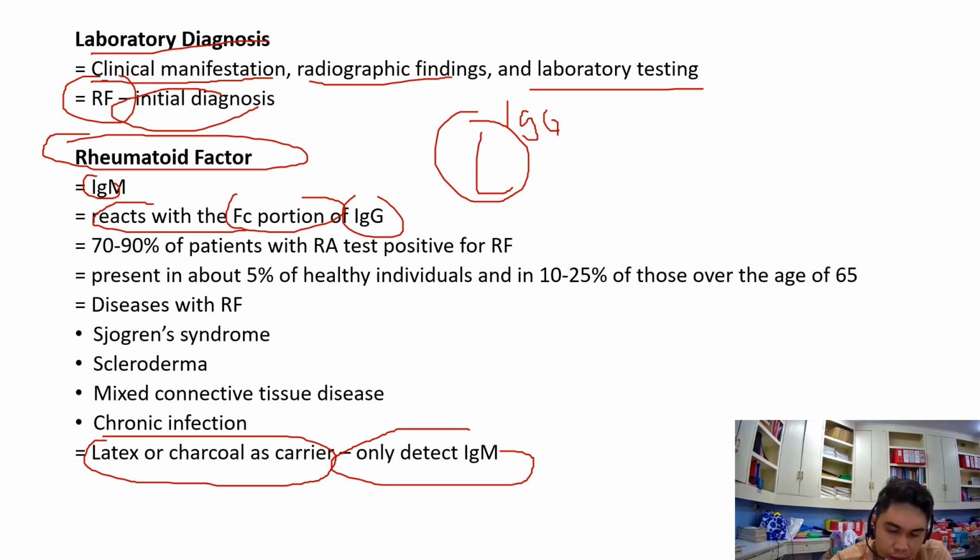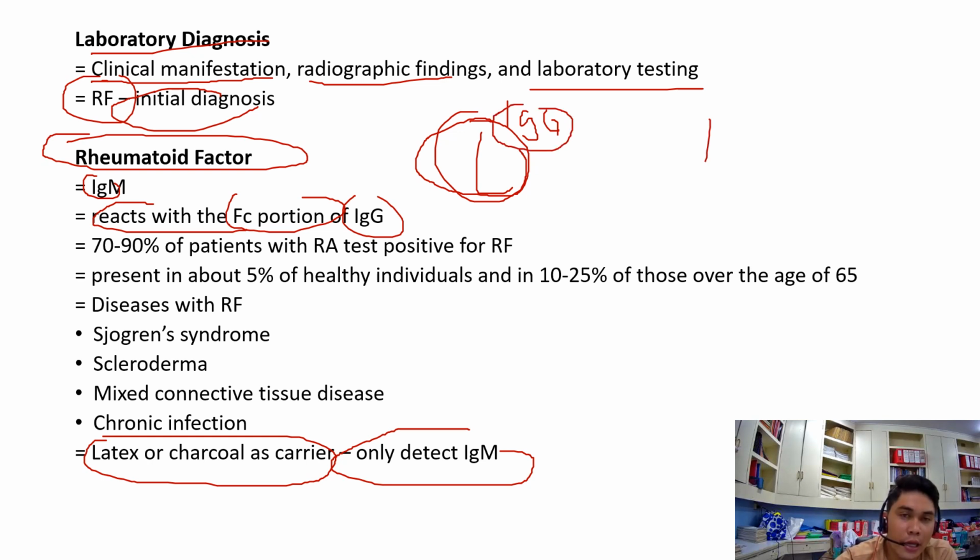So let me read that one. The RF latex test is a rapid slide agglutination test for direct detection and semi-quantitation of rheumatoid factor in serum. The antigen is a particulate latex suspension coated with human gamma globulin. Okay, so the latex particle is coated with antibody.